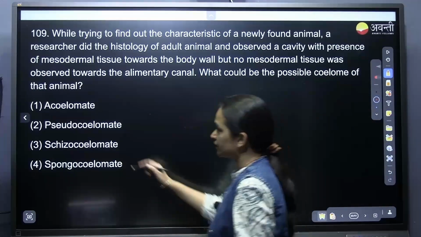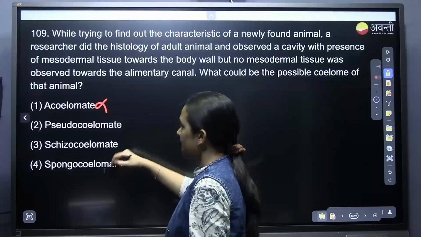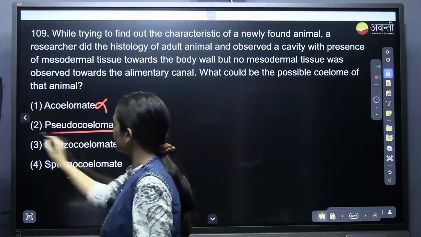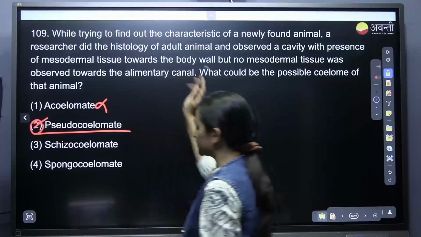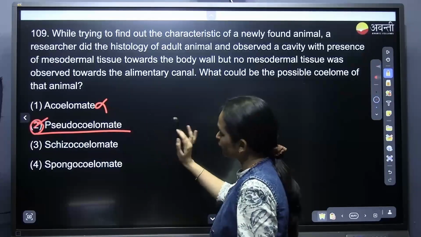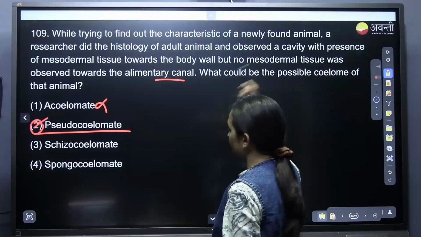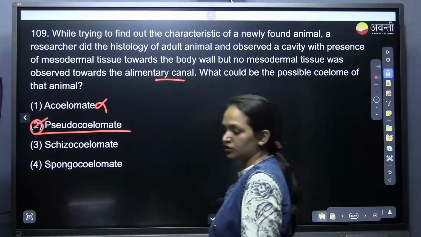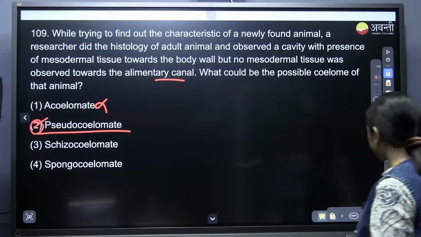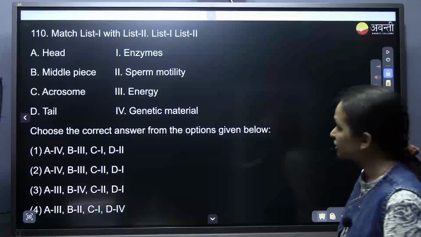It is not acoelomate, because mesodermal tissue is present. There is no mesodermal tissue towards the alimentary canal, which means it is a pseudocoelomate.